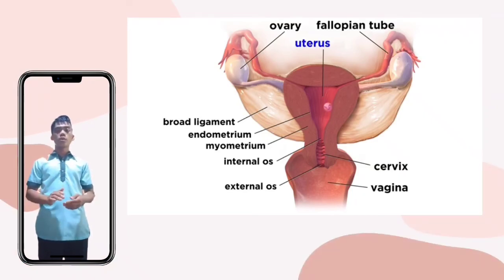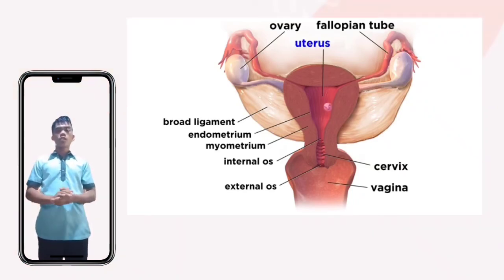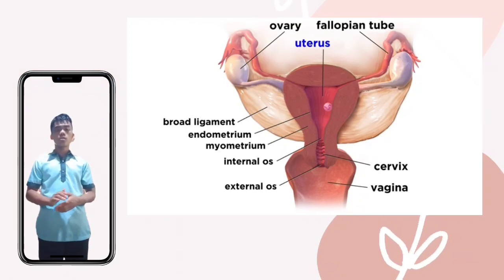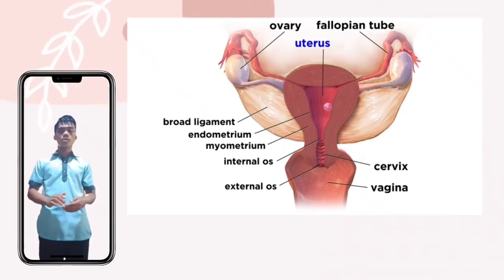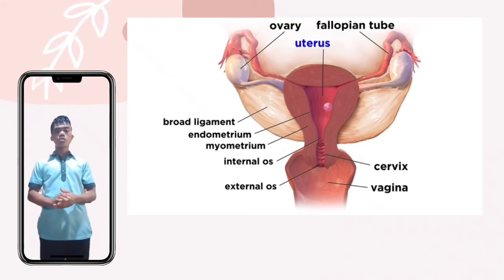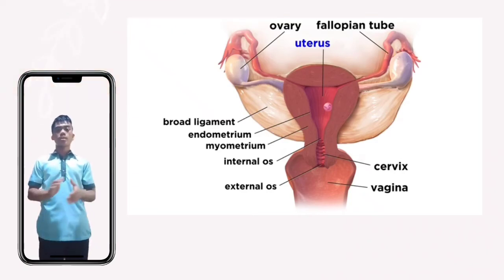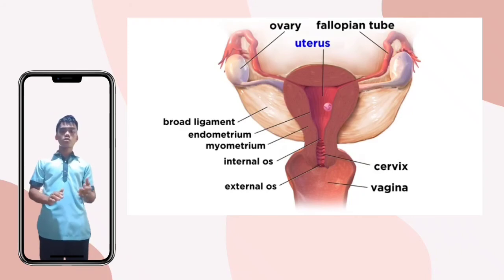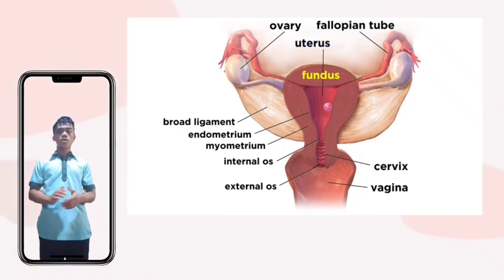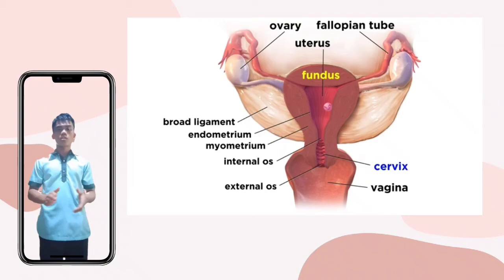This fertilized egg implants in the uterine wall and the uterus nourishes it through fetal development. The uterus has a rounded top region called the fundus and a narrow neck at the bottom called the cervix.